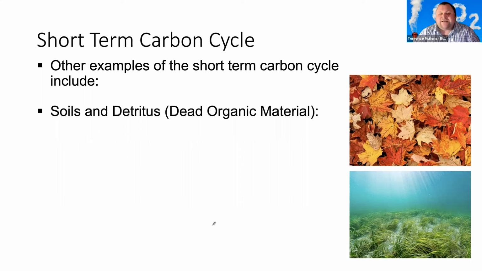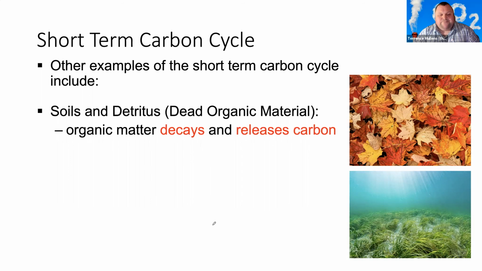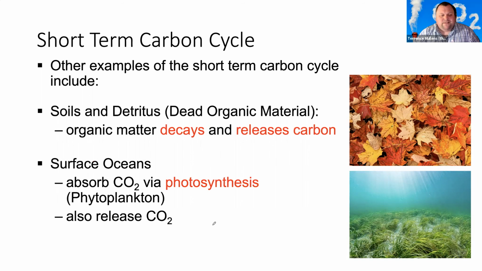That's what's going on there. There's actually a lot of decay that happens from bacteria that then releases the carbon back into the atmosphere. And then our surface oceans themselves also actually absorb and release carbon dioxide via photosynthetic activity from phytoplankton and from outgassing from the ocean itself. So these are other components of the short-term cycle.